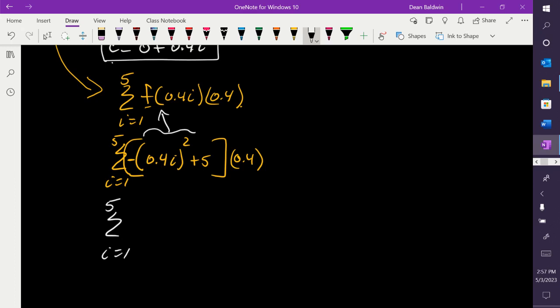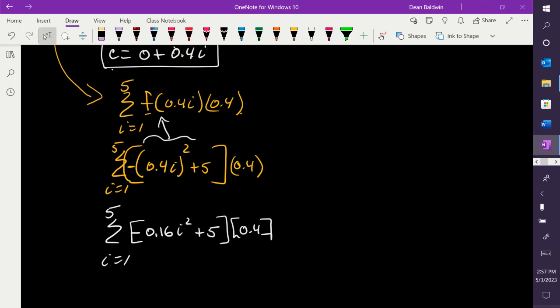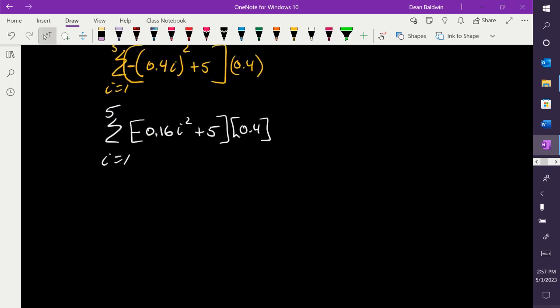And then we square the i. The negative's on the outside, so we get negative 0.16 i squared plus 5, and we're multiplying that by 0.4. We okay?